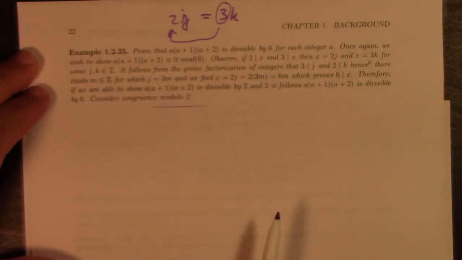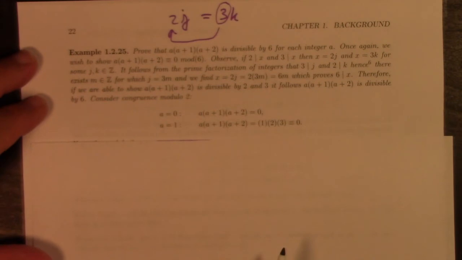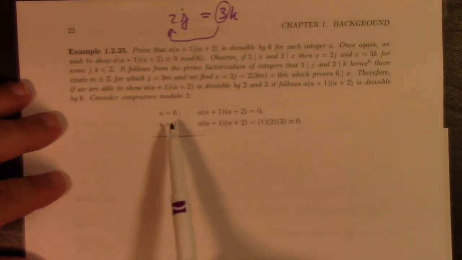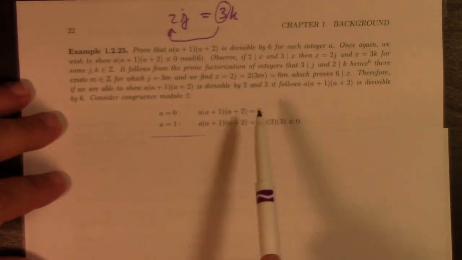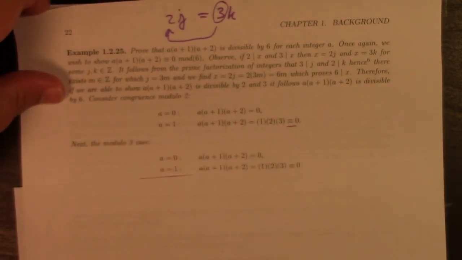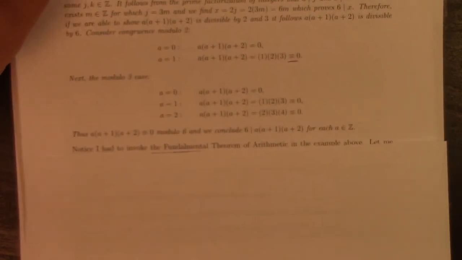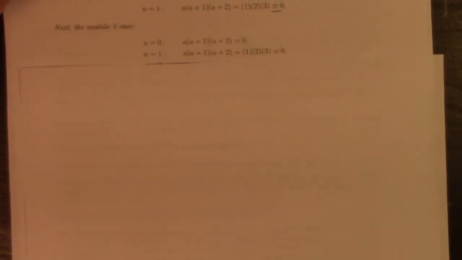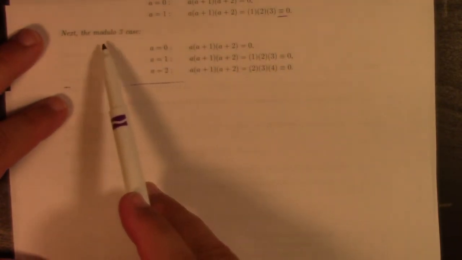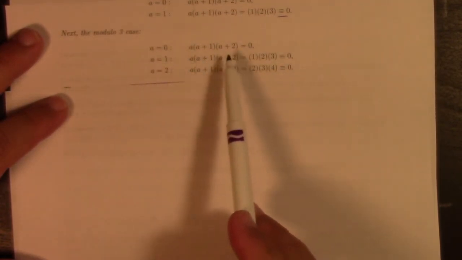All right? And so what I do is go through the same argument we went through in the previous example, but this time, once for mod 2, I just check 0 and 1, congruent to 0, equal to 0, congruent to 0. And then we check mod 3 for the product of a plus 1 and a plus 2, and again we get, plugging in 0, 1, and 2, the equivalence representatives mod 3, we get 0, 0, 0.